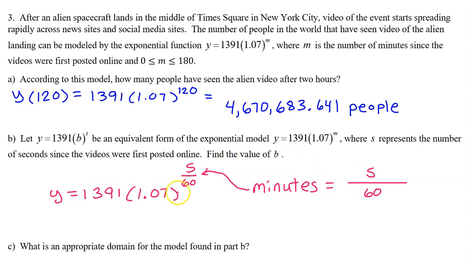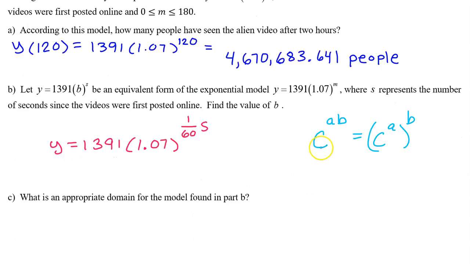So here's an equivalent model involving S. You will agree that S over 60 is the same thing as 1 over 60 times S. We know that c to the a times b power is equivalent to c to the a all raised to the b. Let's apply this property to this expression right here.